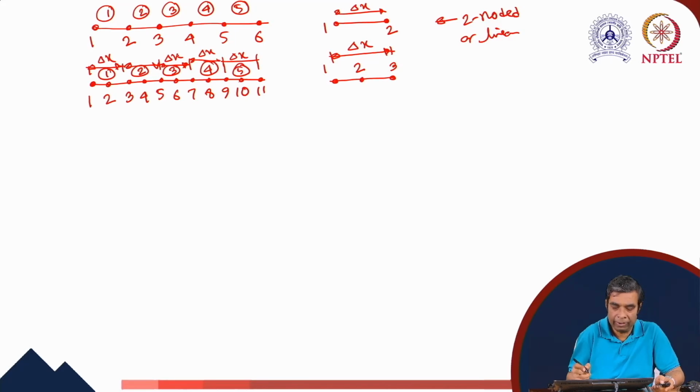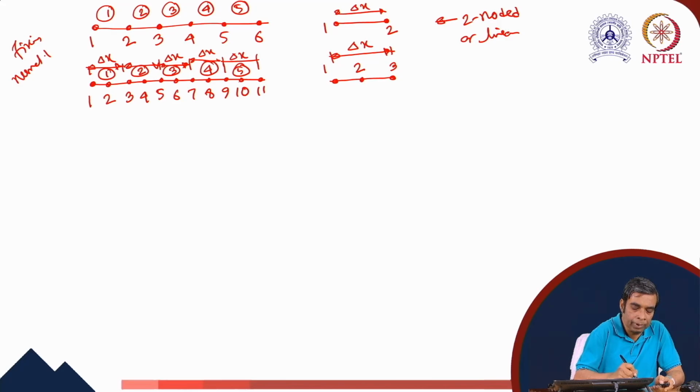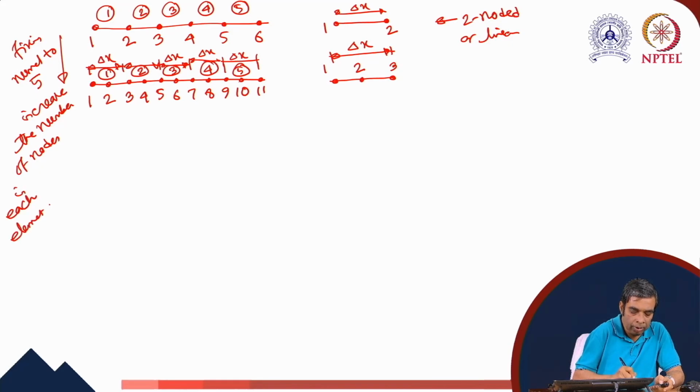So we can see that we are fixing the number of elements to 5, and then we are increasing the order, that is, increasing the number of nodes in each element, or using higher order bar elements.